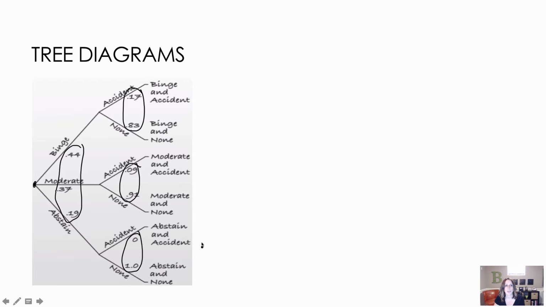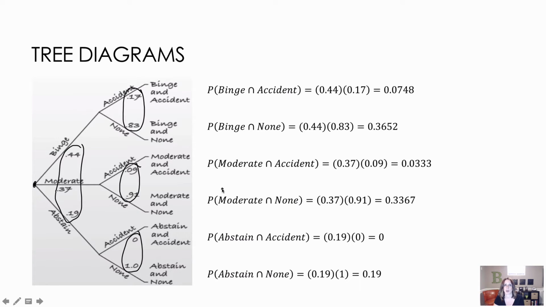Now, the most important part of the tree diagram is the next part right here. Again, normally I wouldn't show all of this work. I would probably just multiply the values and find the answer. But this is essentially finding the probability that someone is a binge drinker and has been in an accident. Notice how I found this.